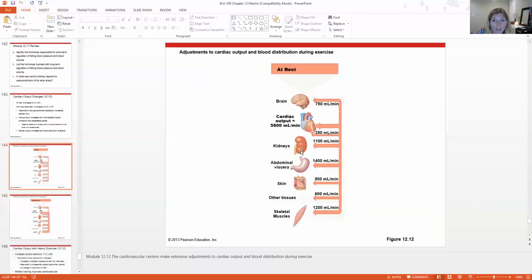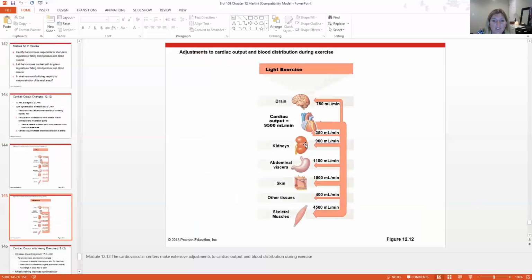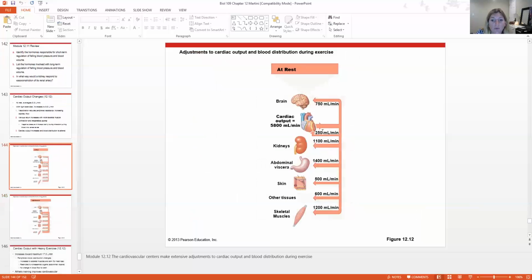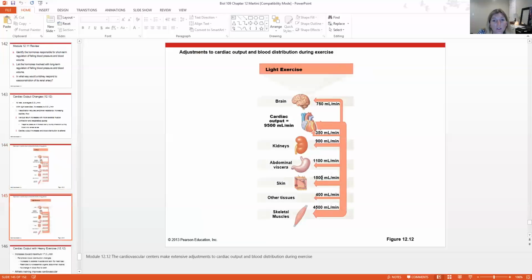Our kidneys were 1100 milliliters per minute at rest, but now that we're exercising, it's only 350. Our heart is 350 at light exercise and only 250 at rest. Our skin is 500 at rest, but 1500 during light exercise. Why would that be? Temperature regulation, right? Your blood's going to the surface so that it can cool down, and evaporative cooling can cool it off.